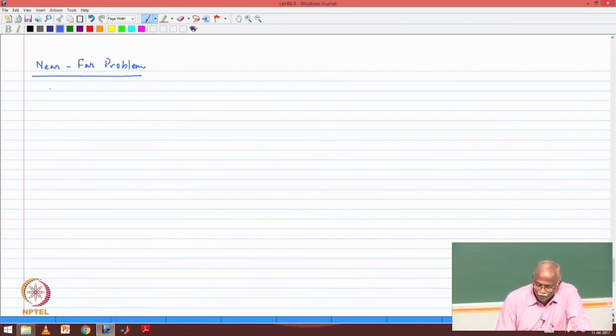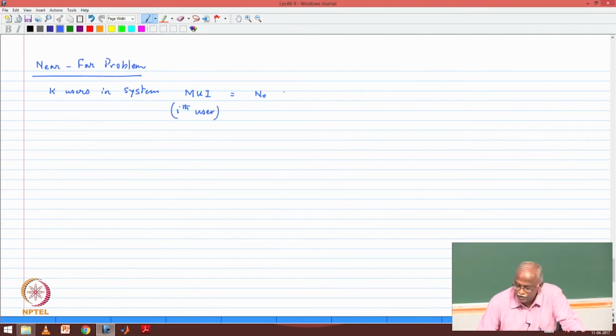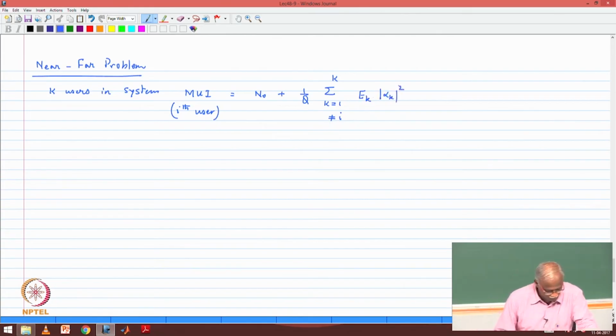So, when there are K users in the system, then we know that the variance of the multi-user interference seen by the ith user will be given by N naught plus 1 over Q, summation k equal to 1 through uppercase K, but k is not equal to i, because i is the desired user, everyone other than i, of Ek mod alpha k whole squared.